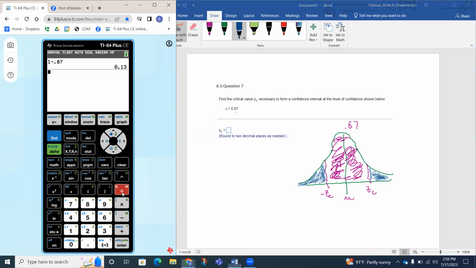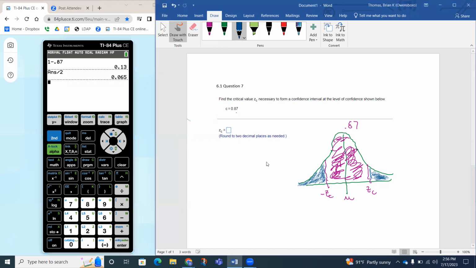If I divide this 0.13 by 2, this gives us 0.065. So the area of the curve over here to the left is going to be 0.065. It represents this area inside here, and it would also represent this area over here as well. But all we're asked to do is find this critical value Z.